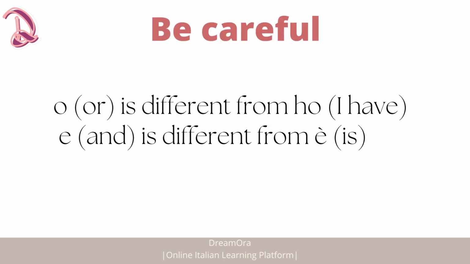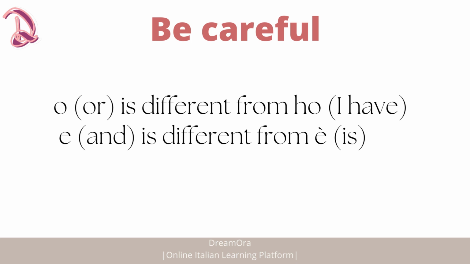Now, as we have seen, the double sound can be very tricky, especially for beginner Italian learners. But let's say that it is okay if you don't get them all. Everybody will understand you anyway. That's not quite the case if you're talking about O and E in these two specific cases that we are going to see. So the closed O, the letter O alone, means or.